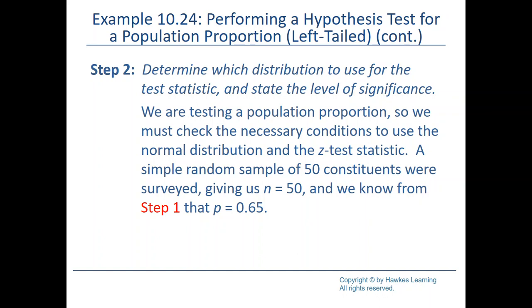Now, again, I said z-test statistic. That does not mean we're running a z-test, so please understand that. Again, this is a proportion, slightly different here. We do have a random sample of 50 constituents, so we need to double check, was our sample size large enough? So, make sure that p was 0.65 and our n being 50 there.